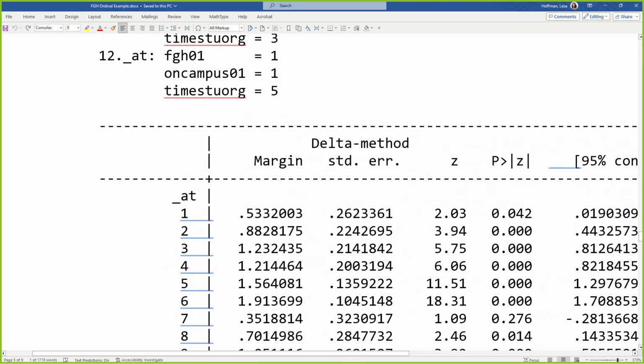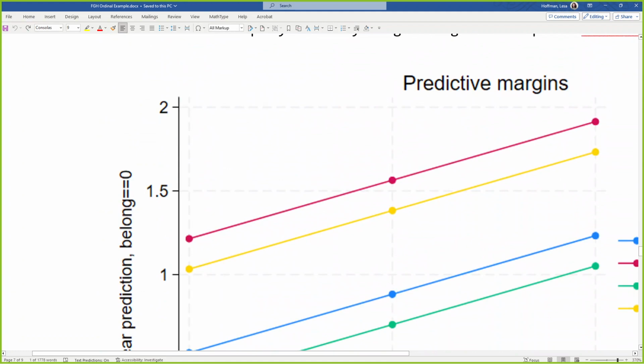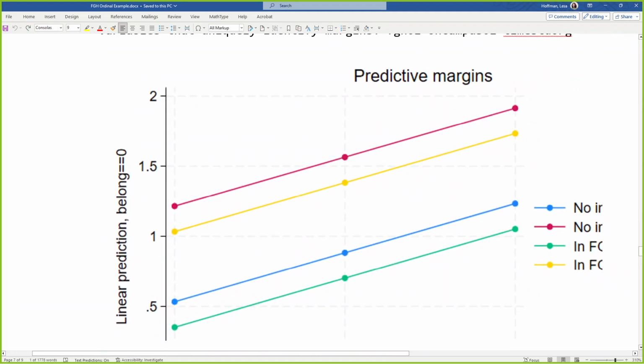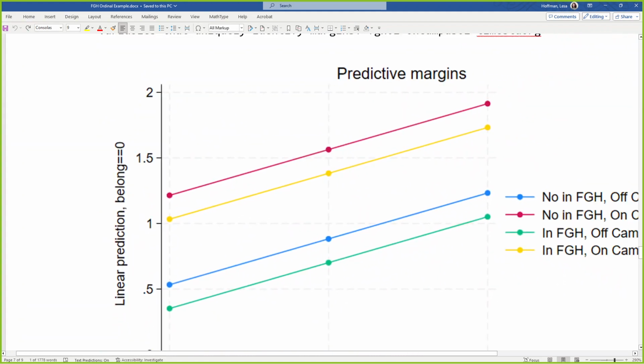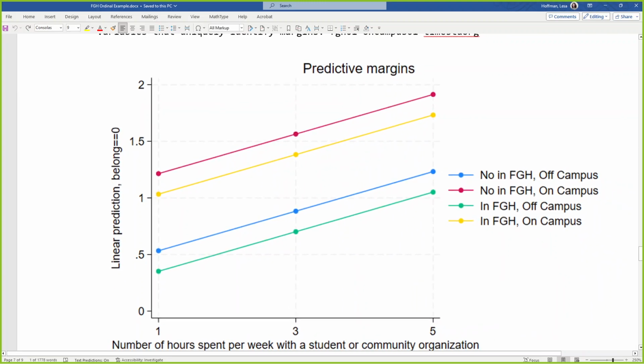I did create a pretty picture for this one. And this is predicting, this code comes from the example that Lisa provided. And we're examining the hours spent per week in student or community organizations, predicting higher than low belonging.